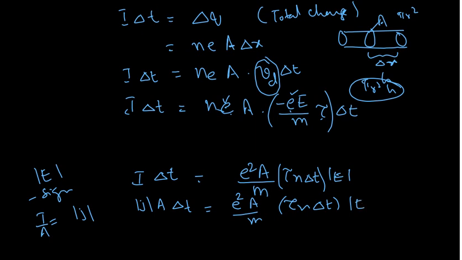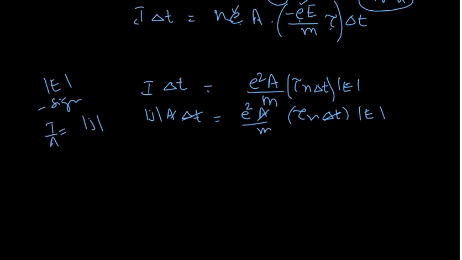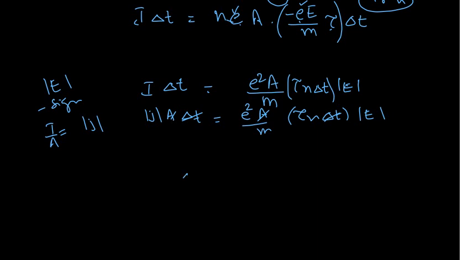This A and this A get cancelled, and delta t gets cancelled. Now the current density J is equal to n e squared by m, tau, and mod E.